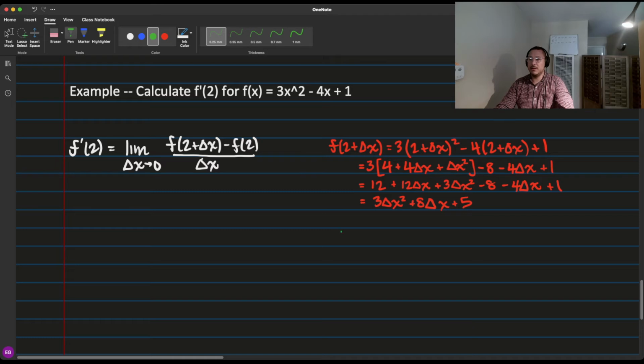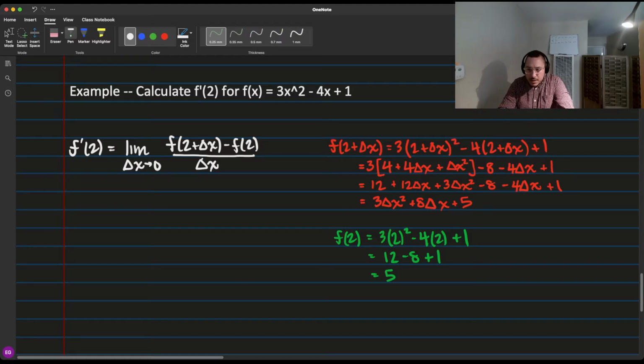We also need to calculate f of 2. That's going to be 3 times 2 squared minus 4 times 2 plus 1. 3 times 4 is 12, minus 8 plus 1. 12 minus 8 is 4, plus 1 is 5. Okay, so now what do we need to do? Well, we have to plug all of that in.